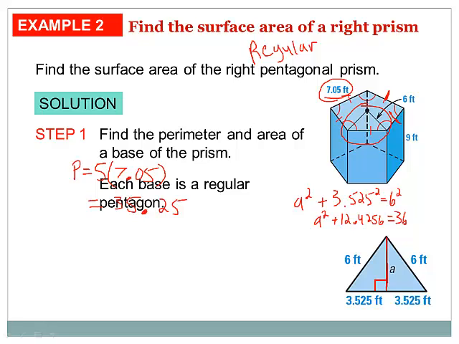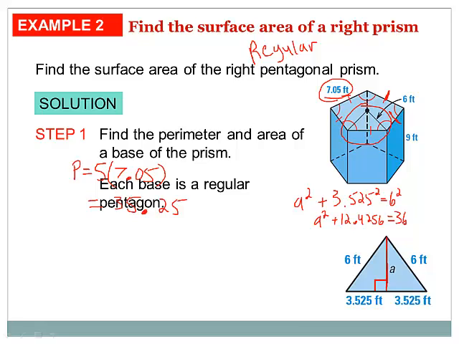And this is something that, remember, we've worked on and mentioned in class. We want to be as exact as possible. Therefore, I'm going to go out to 4 decimal places. And from this point, I can do 36 minus 12.4256.